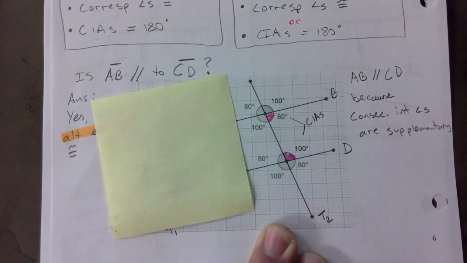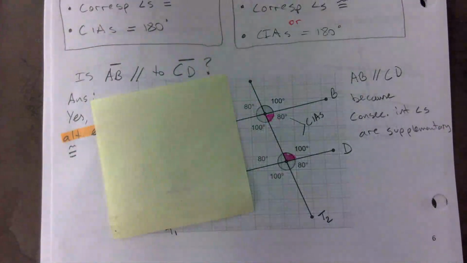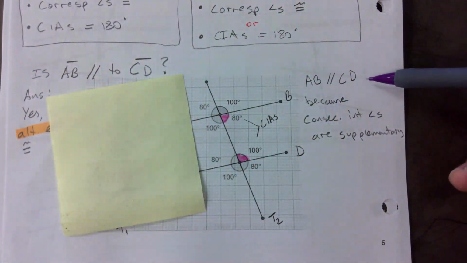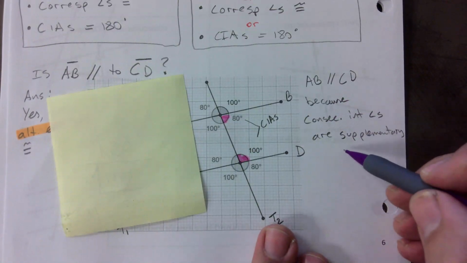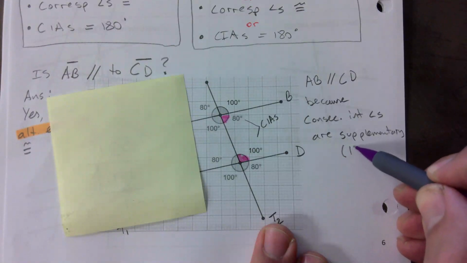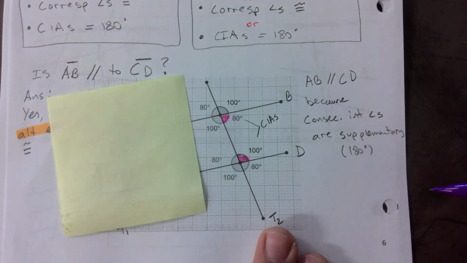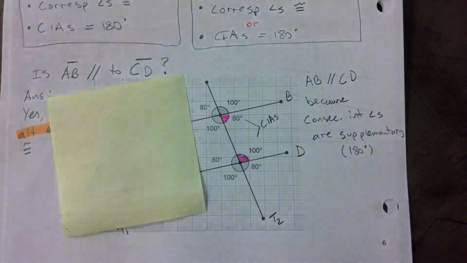So for some of you, it's going to take, oh, you can't see that, can you? So AB is parallel to CD because consecutive interior angles are supplementary, or you can say they add up to 180 degrees. I'm not too picky on how you justify, to be honest. Use your own words. I'm showing you two different ways of doing it.